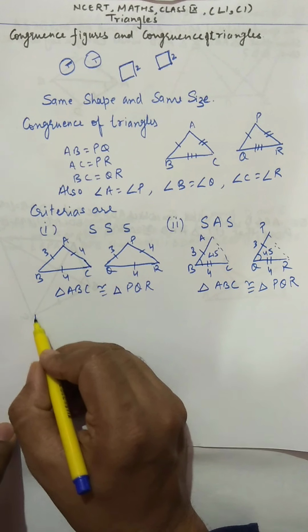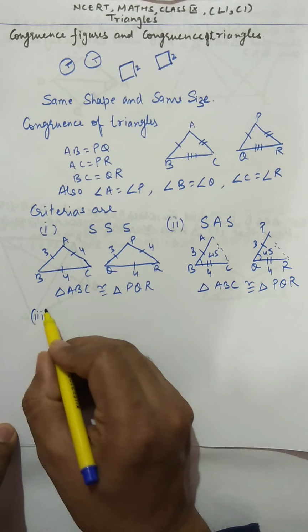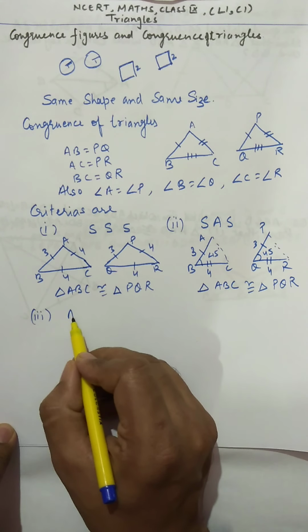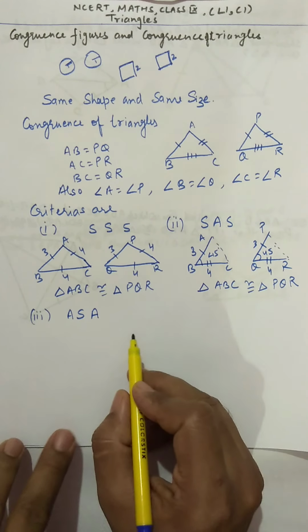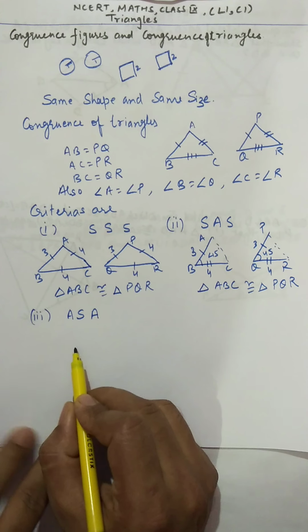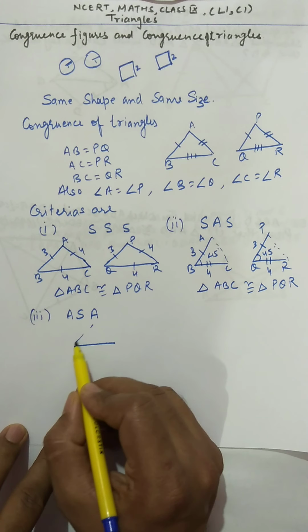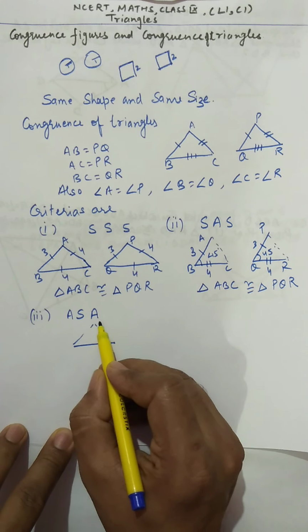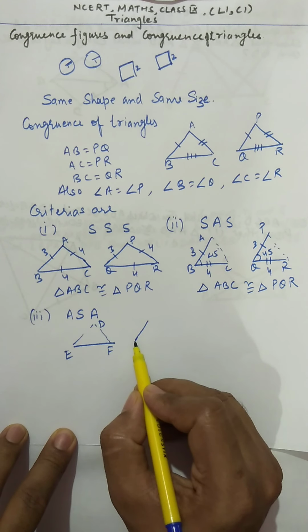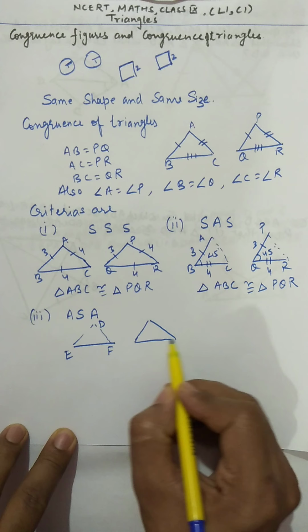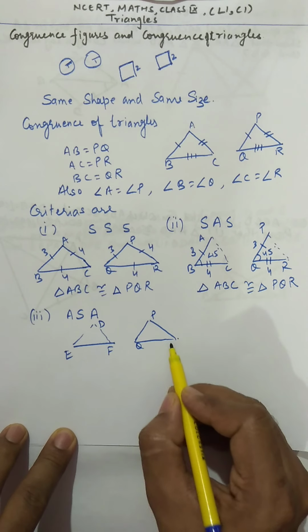Now the third one is angle side angle. It means if you take any two triangles, let's say I am taking this triangle DEF, and there is another triangle, let's say this is PQR.